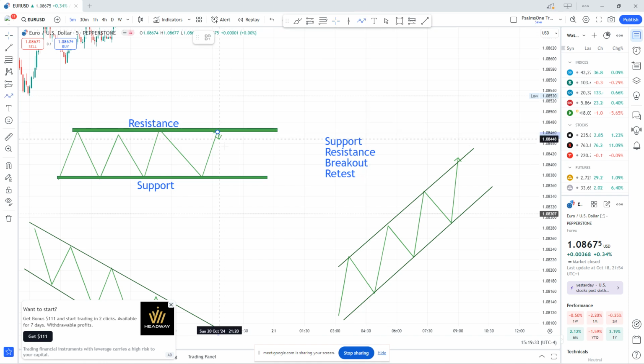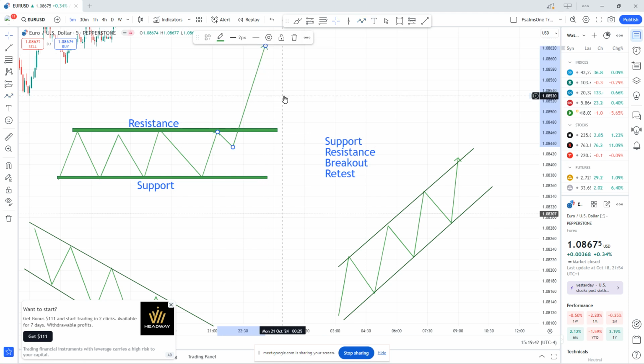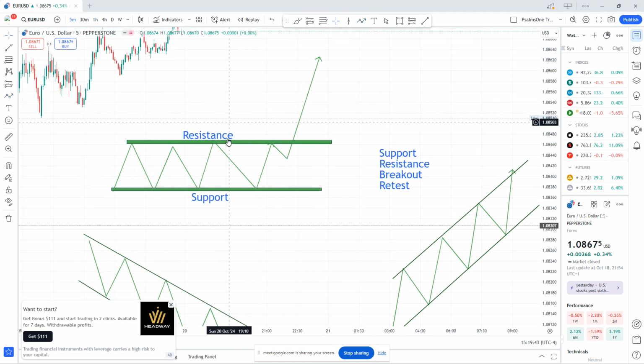Using this diagram, price can do this, and then when it gets to this level, it can break out, meaning there is no fixed price. It can break up or break down like this.